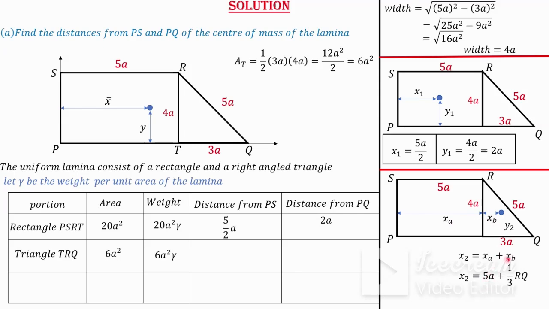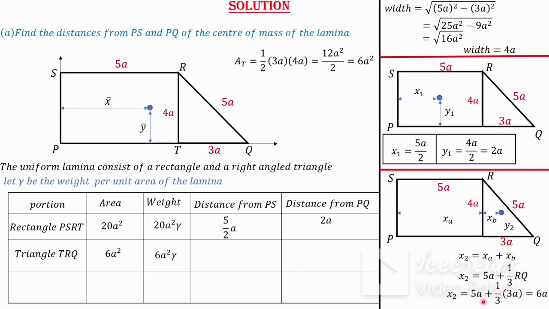What is therefore XA and what is XB? XA is 5a, which is the length of the rectangle, and XB is 1/3 of RQ. So we know that RQ is given to us to be 3a.